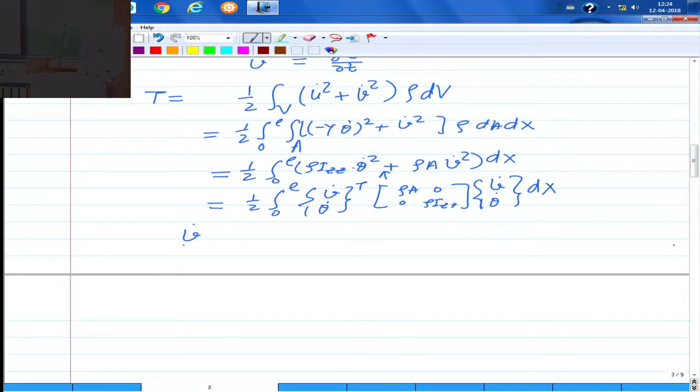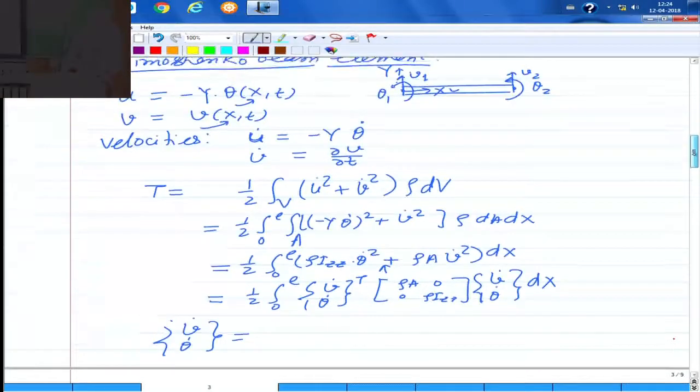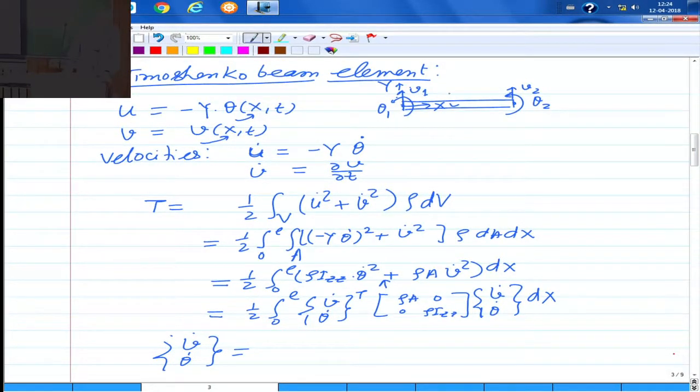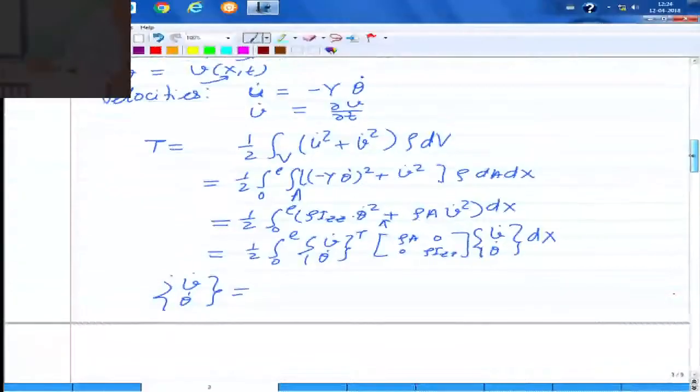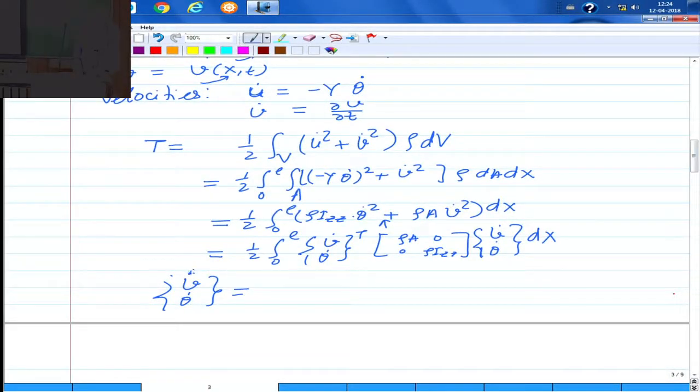So we know that v dot and theta dot are going to be, as we discussed earlier, for a two noded truss element. For v there are 2 degrees of freedom, for theta also there are 2 degrees of freedom, and from the expression for strain energy we had seen the minimum requirement is a linear polynomial. Based on that, the interpolation matrix is N1 0, N2 0, 0 N1, 0 N2.